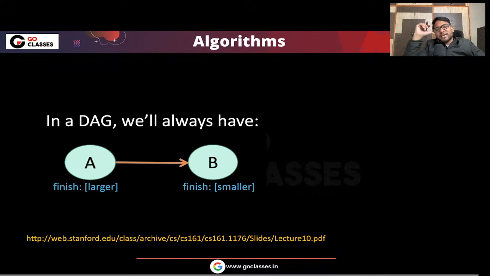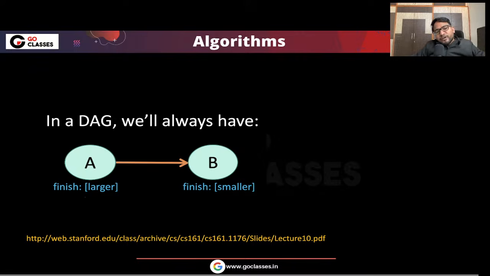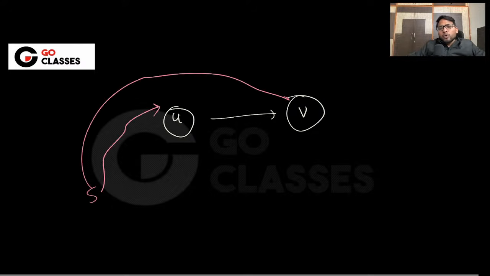Now in a directed acyclic graph, as we have seen, the finish time of this will always be larger than the finish time of this, which means it will be finishing later. If there is an edge from U to B, can you say anything about the start time? Who will be starting first? Maybe S is connected to U, or maybe S is connected to B. You don't know, right?